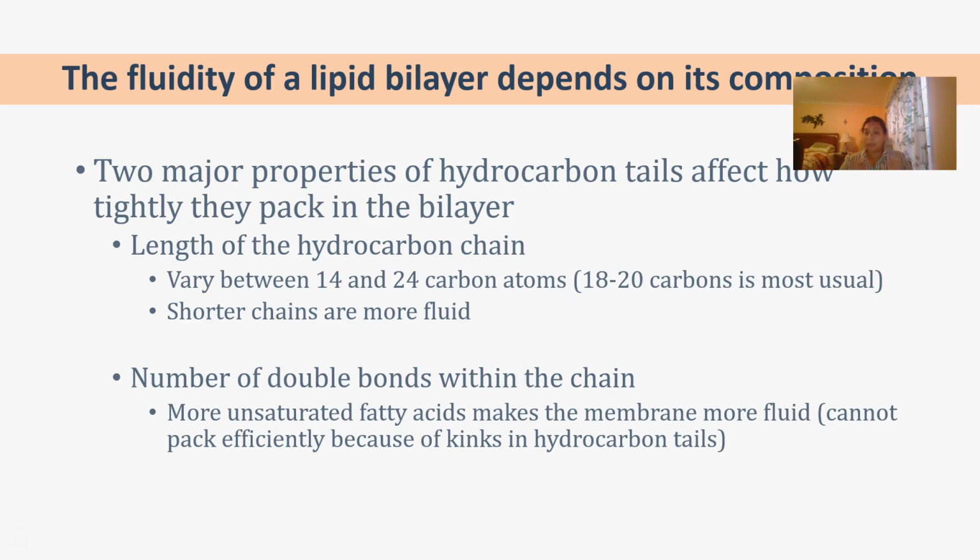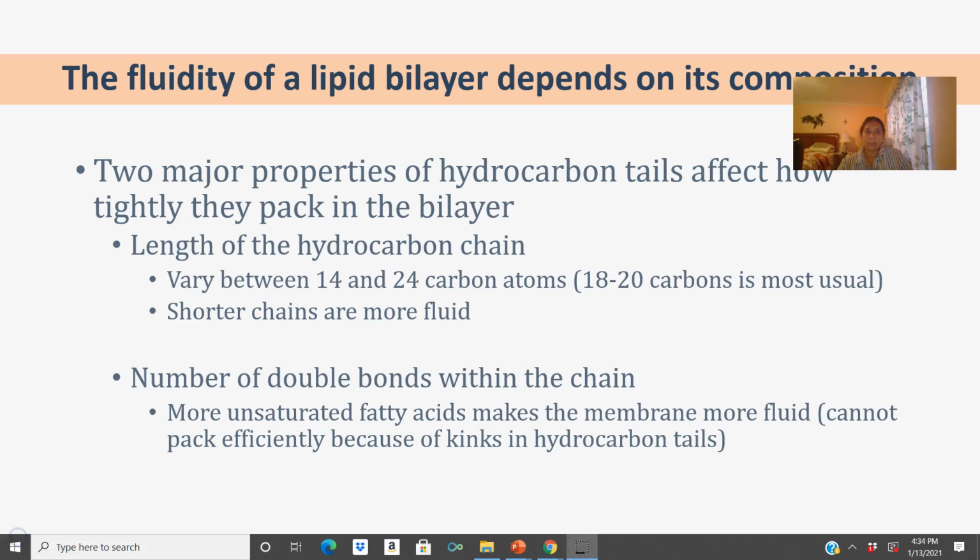Why doesn't that happen? Well, there are multiple reasons for that. First of all, how do we maintain the fluidity of our lipid bilayer? So that's the first question. Why is it that molecules can move around and do all the stuff that they can? The main way that we maintain the fluidity of our membranes is through two main properties of the fatty acid chains.